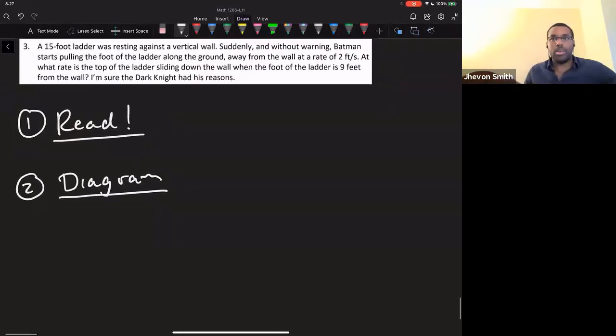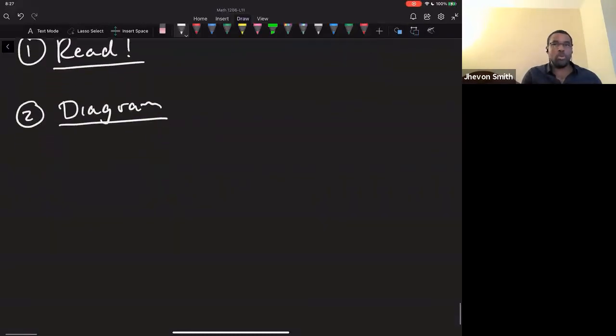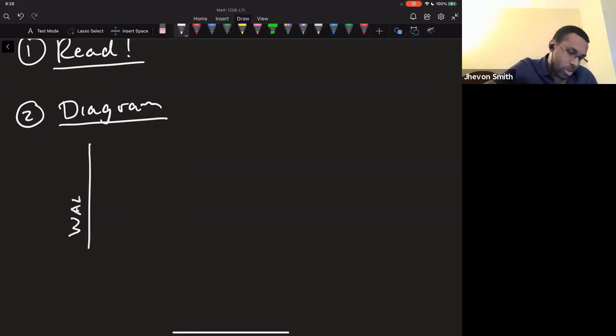What is the diagram here? What does the diagram look like? You have a ladder against a wall. So what would the picture look like? It would look like a right triangle. So you have a wall here, the vertical wall.